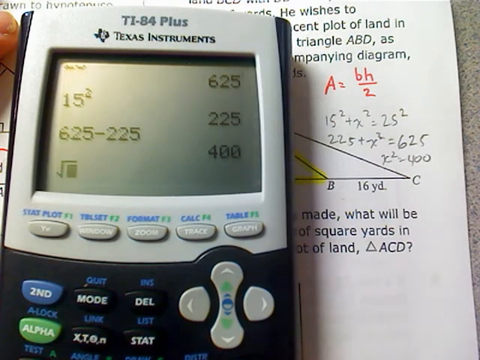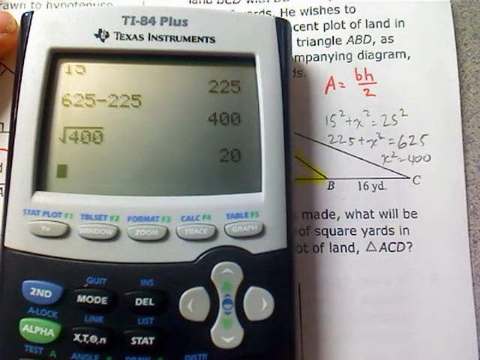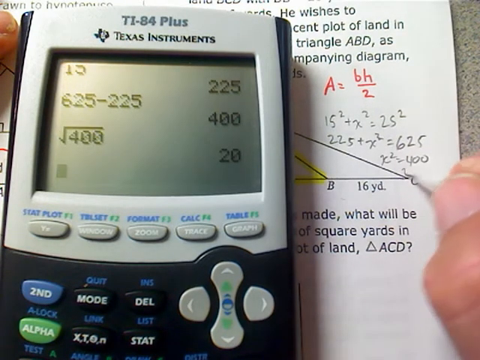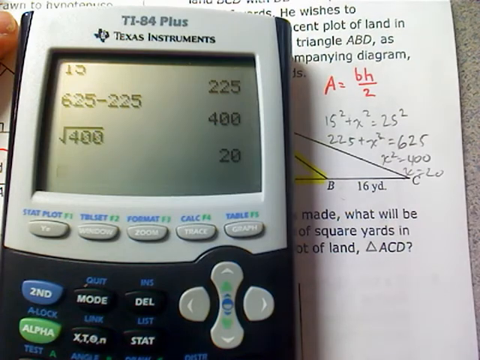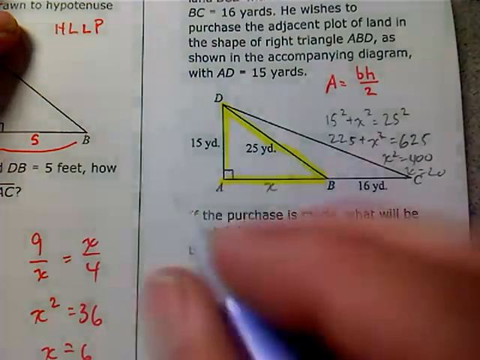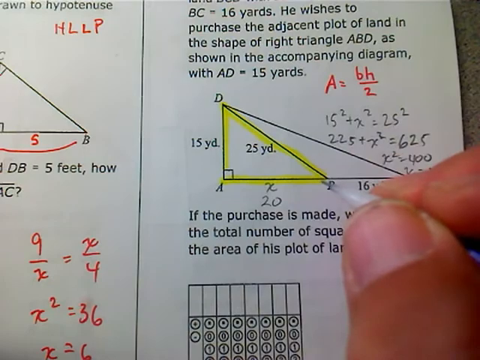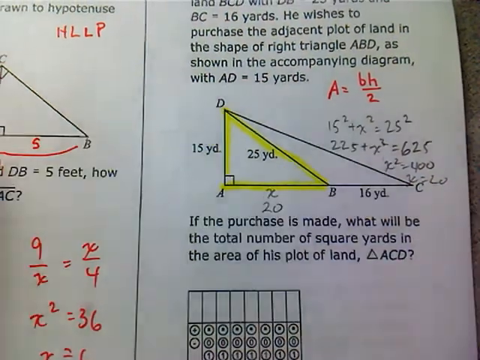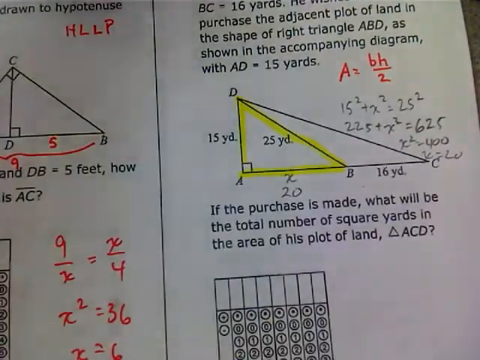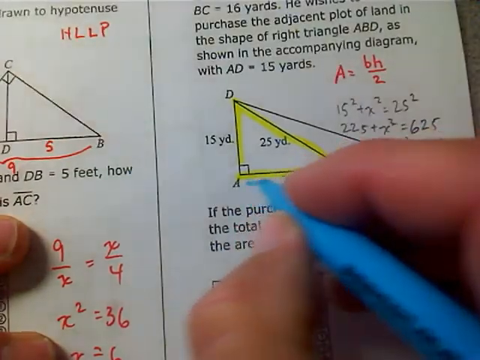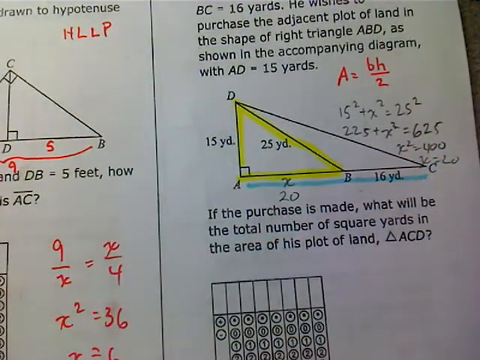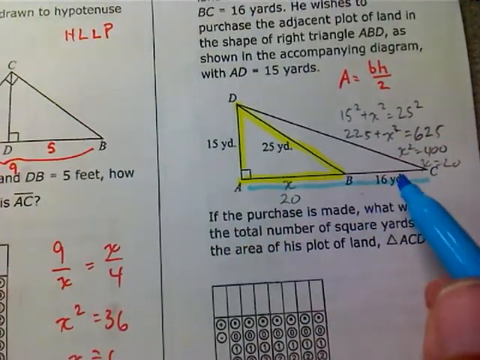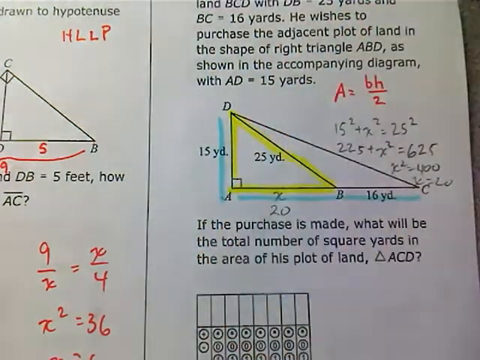And now I want to take the square root of 400 to see that that side, x, has to be 20. So that means this distance right here is 20. Which means this whole distance right here is 36, right? 20 plus 16. And then this is 15.